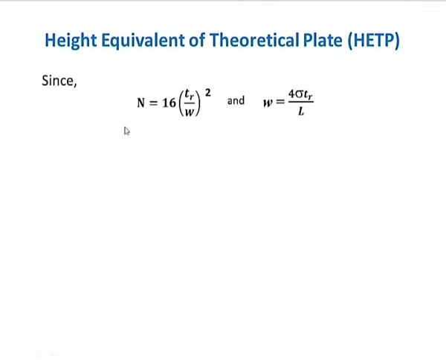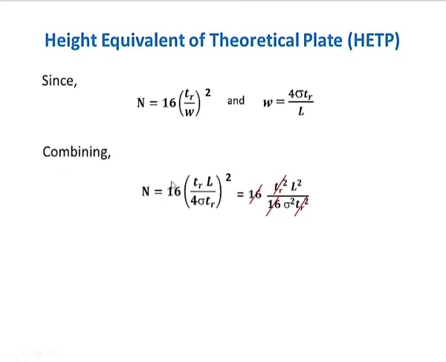We had seen in the previous lecture that number of plates is equal to 16 times Tr upon W whole square, and now we have seen in the last slide W is equal to 4 sigma Tr upon L. So, we can put this value of W in this equation for number of plates. What do we get?